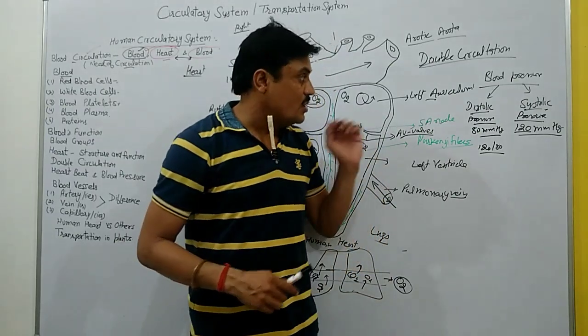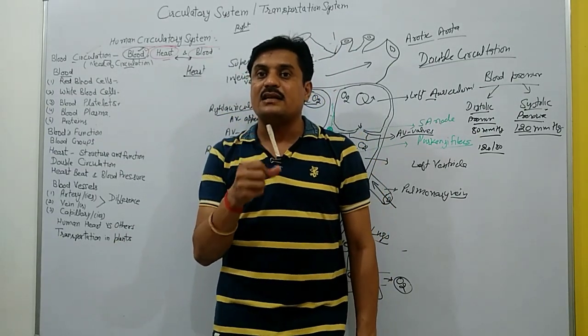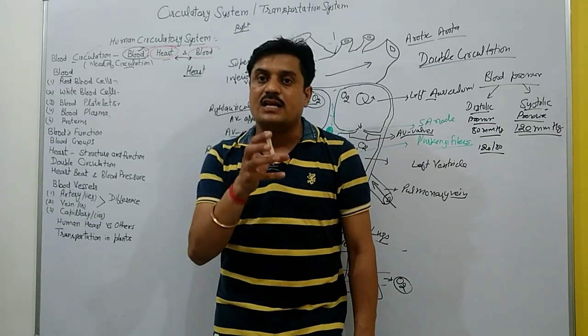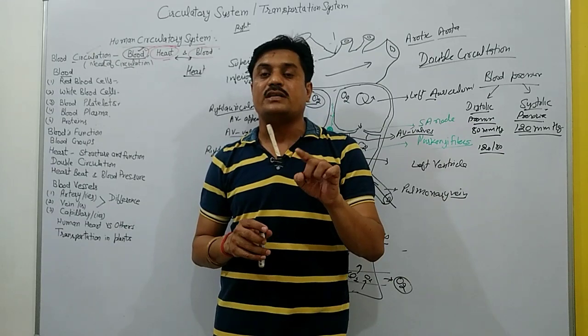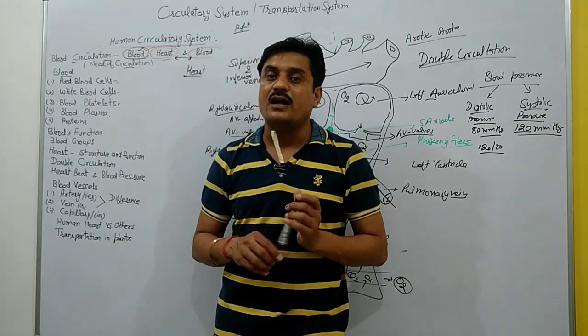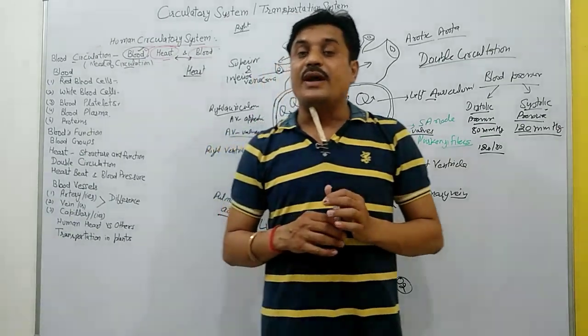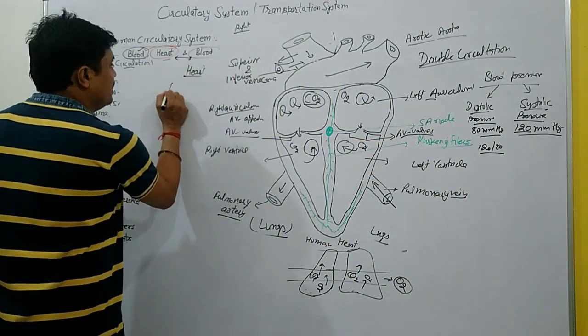And now about heartbeat. What is heartbeat? The heart contracts and then relaxes in a rhythmic manner. This is known as heartbeat. In a human being, it beats 72 times a minute. When it beats, it produces two sounds, lub and dub.